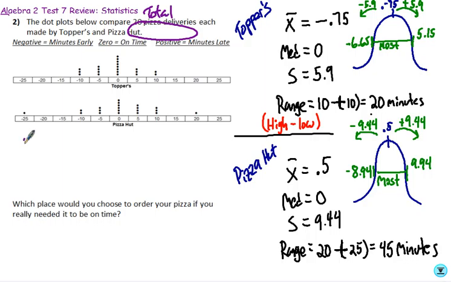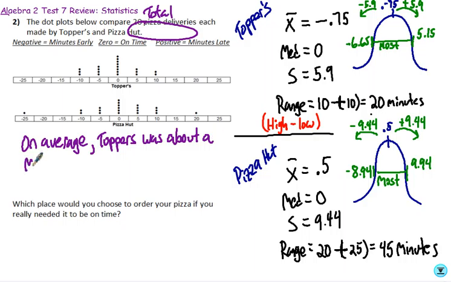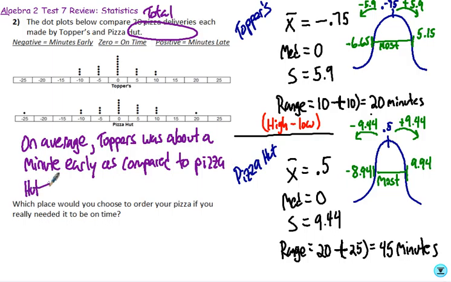So we could say so on average, Toppers was about a minute early, as compared to Pizza Hut, Pizza Hut being a minute late. Right, so that would be the first thing we'd say, well, why are we going to pick Toppers?